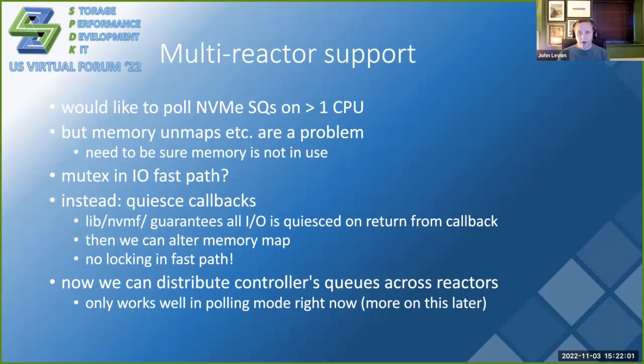And as an additional benefit, this easily allows us to scale across multiple CPUs because we have no mutex locks or anything like that in the fast I/O path. However, this only works well in polling mode at the moment, and we'll talk about that later.